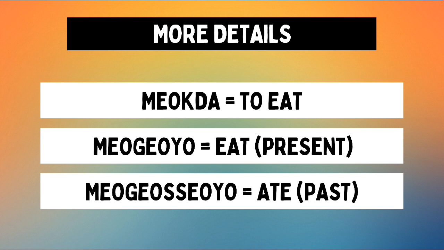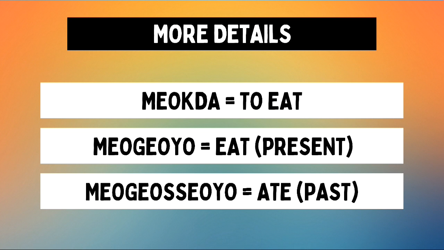And this is the same case with 먹었어요. If you would notice, we still have the 먹 part on 먹었어요, and we just added the 어서요 part to make it past tense form. So take note, 먹다 is the root verb, 먹어요 is the present tense form, and 먹었어요 is the past tense form.